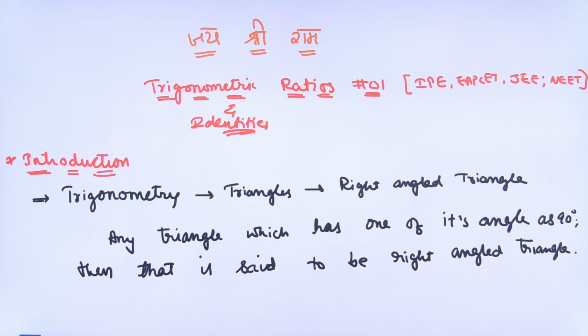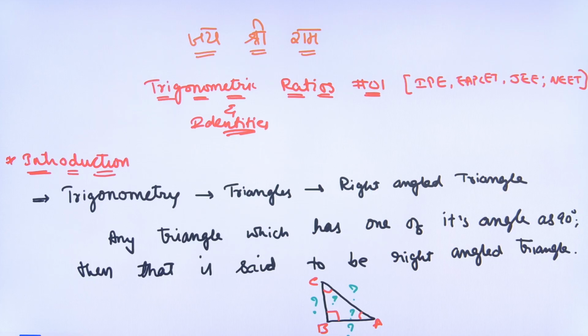So, this one small diagram I'm drawing here. Suppose this is A, this is B, this is C. Now this angle will be 90 degrees. Clear with this point, all of you? So these two angles we need to find out, and these three sides also we need to find out.